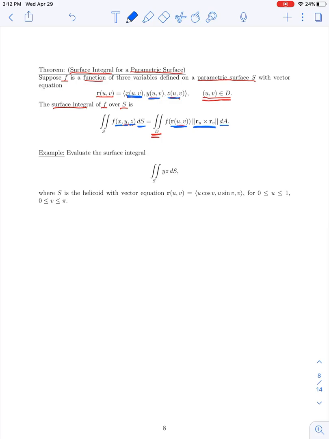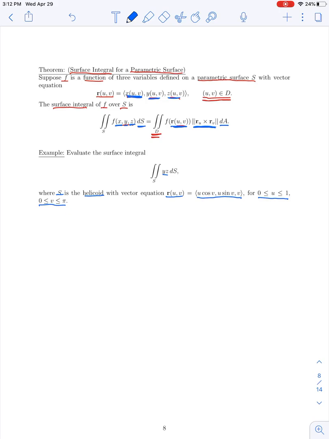So for an example of this, we are asked to evaluate the surface integral of y times z with respect to surface area, where S is the helicoid, which has the vector equation r of u, v is u cosine v, u sine v, v, where u ranges from 0 to 1, and v ranges from 0 to pi.